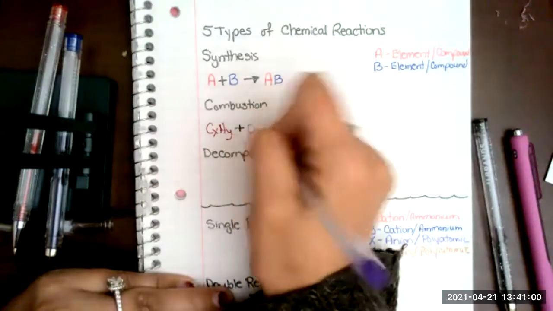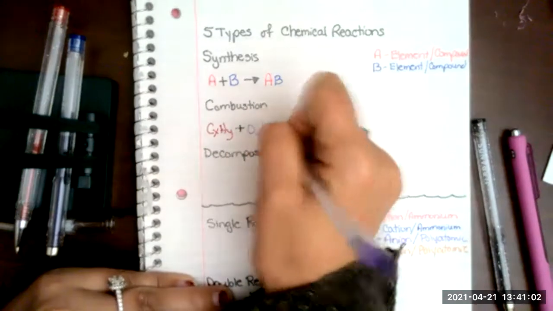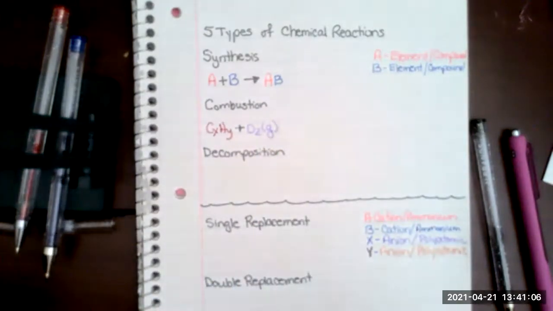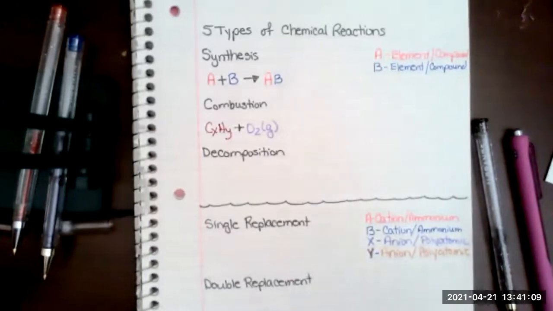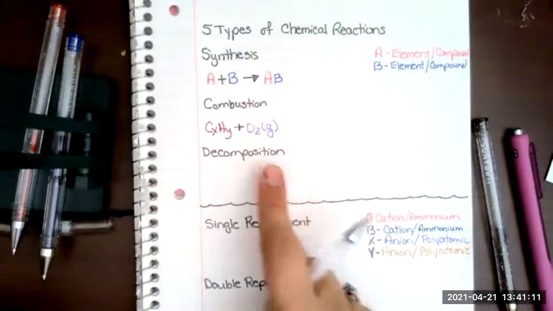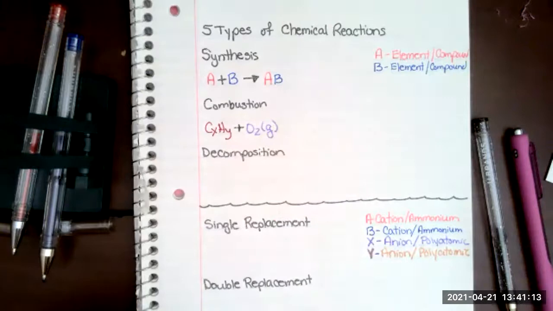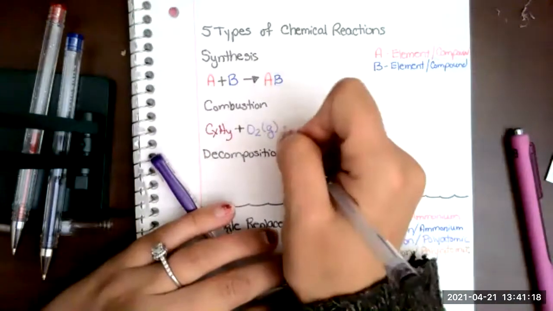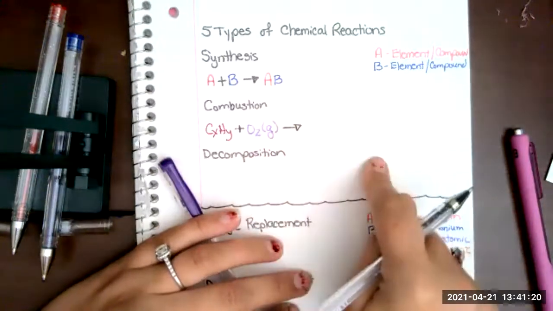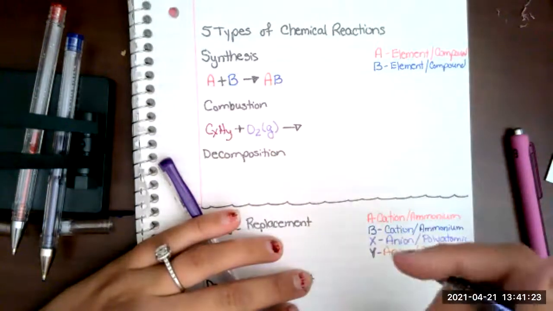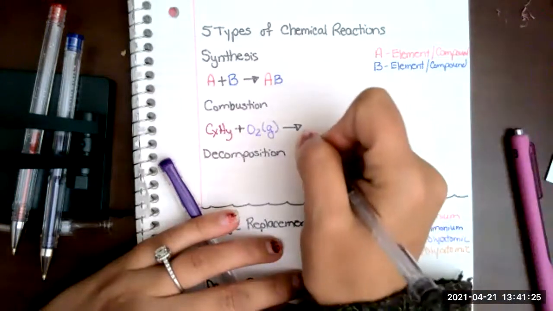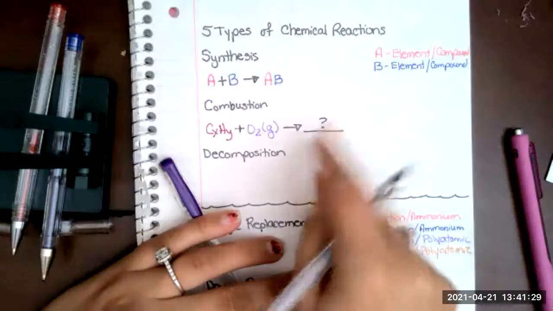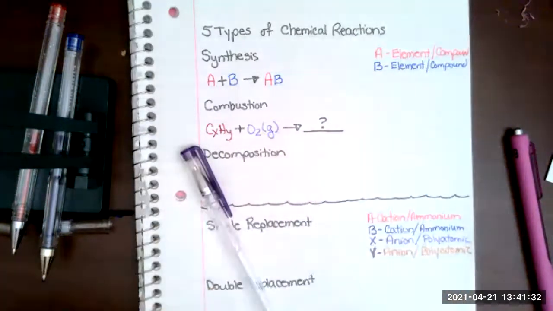We know that there has to be oxygen gas in a combustion reaction. That does not ever change. There has to be oxygen gas. So we often mix a hydrocarbon with an oxygen gas, and then we get our products. Your products might be another hydrocarbon or a byproduct, but it's not always there.